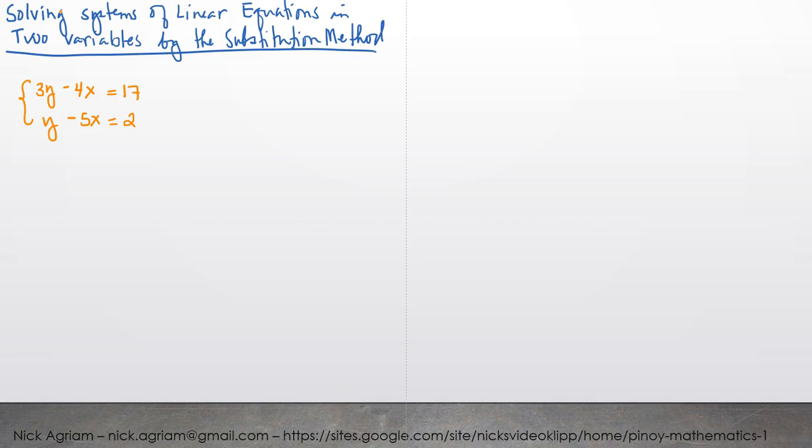Under the algebraic method, there are two ways to do it, either by the substitution method or by the elimination method, or what we call the addition or subtraction method. One of those algebraic methods is the one that I'm going to discuss in this video. It is called the substitution method.